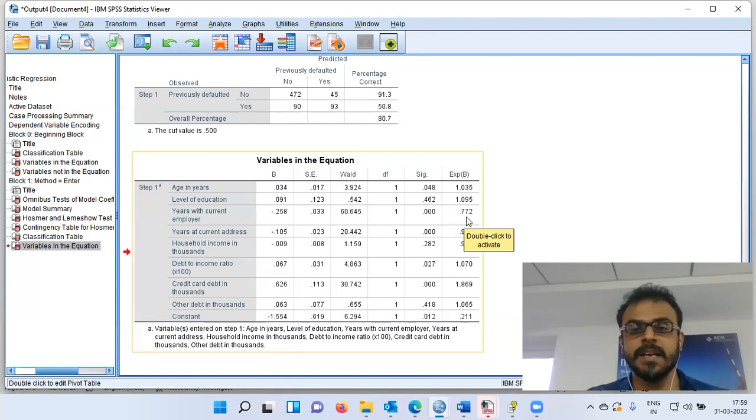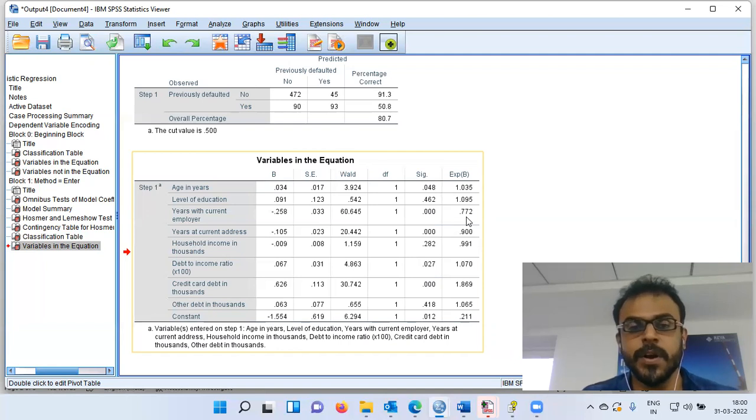It simply means that the odds of default for a person who has been employed at their current job for 2 years are 0.77 times the odds of default for a person who has been employed at their current job for 1 year, all other things being equal.